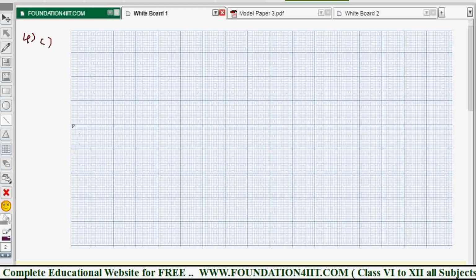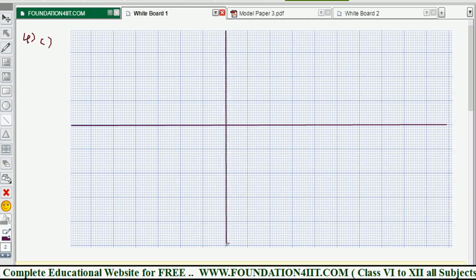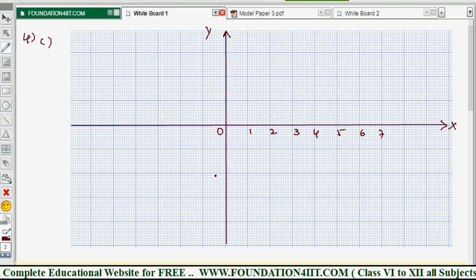Okay, take the center part. This is the x-axis, and this is the y-axis. On the x-axis we have 0 and positive 1, 2, 3, 4, 5, 6, 7, and so on. The vertical one is the y-axis.